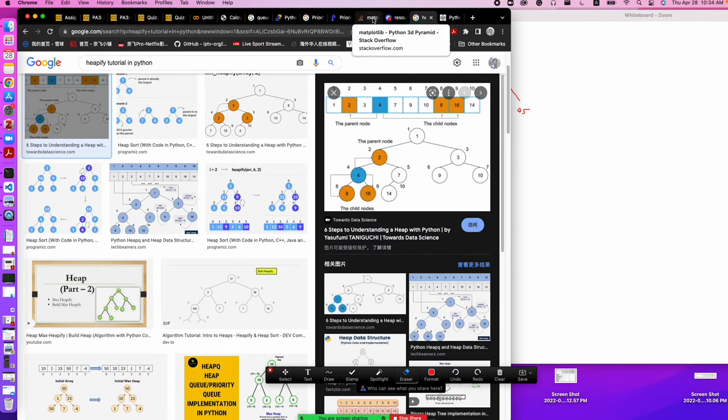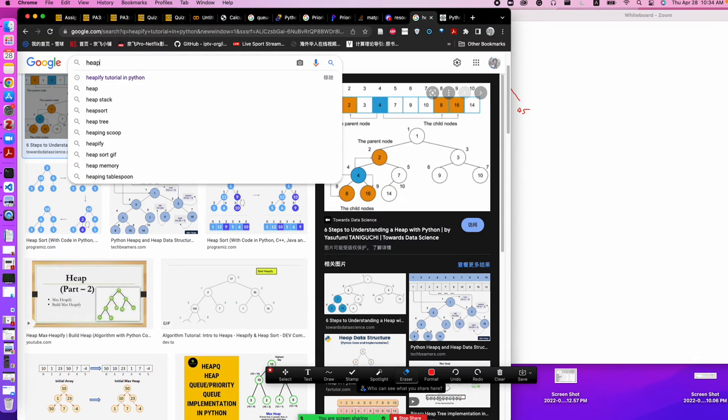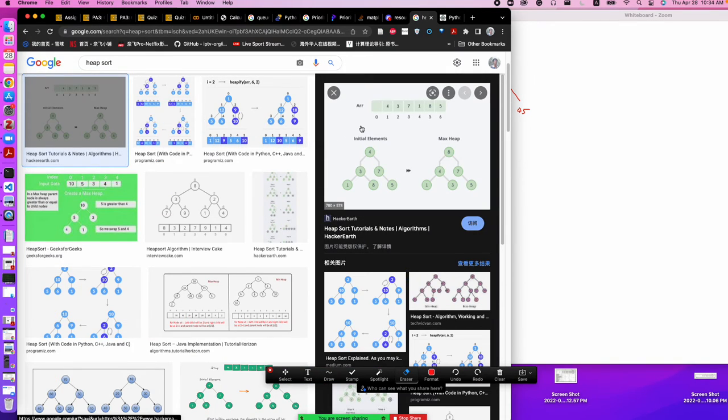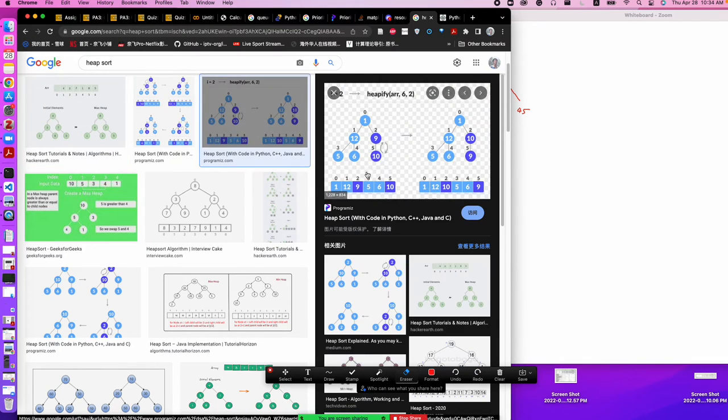So I remember there's an algorithm called heap sort. That means, let me try to recall these materials.